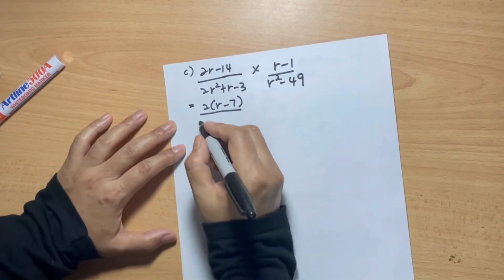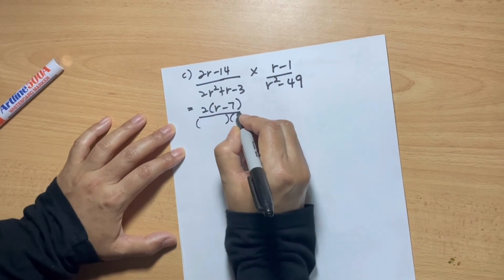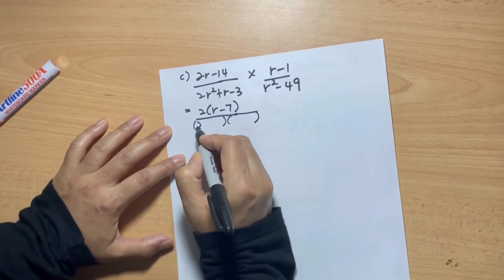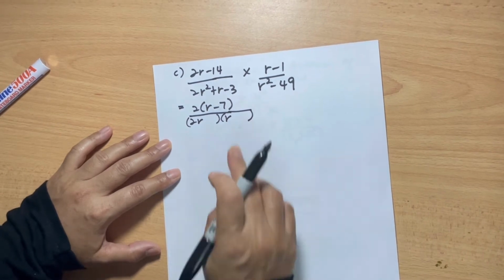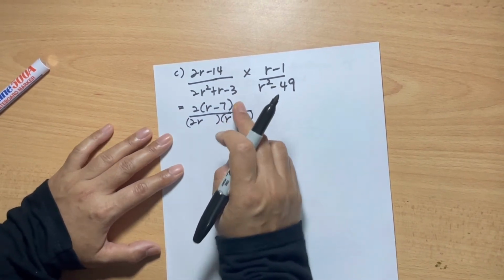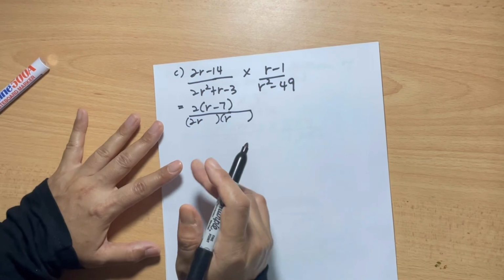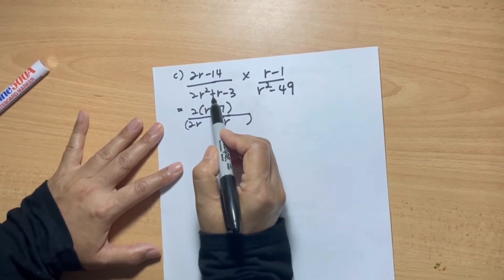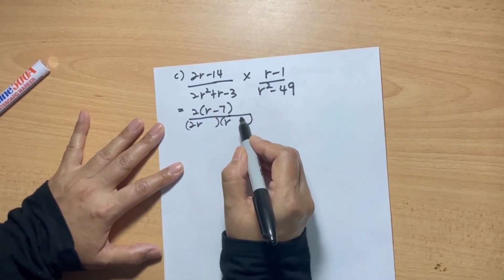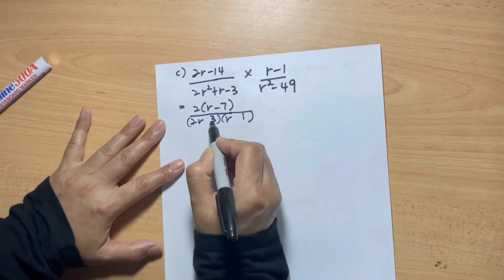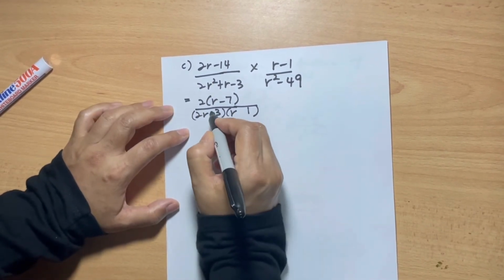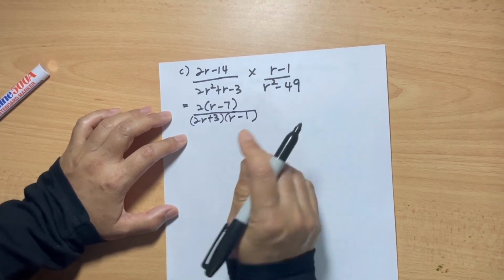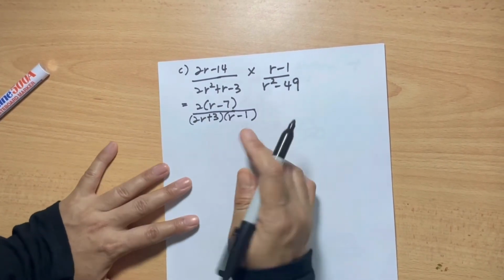We can factorize this: 2r and r, and then we have 3. That means 1 times 3, so you must plan. Let's say you put 1 and 3. We have positive here, which means the bigger number is positive and the smaller number is negative.